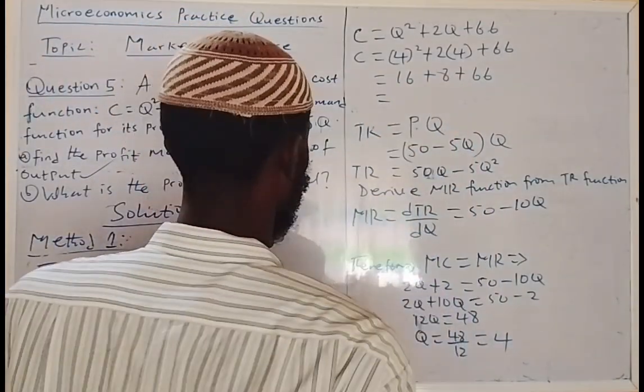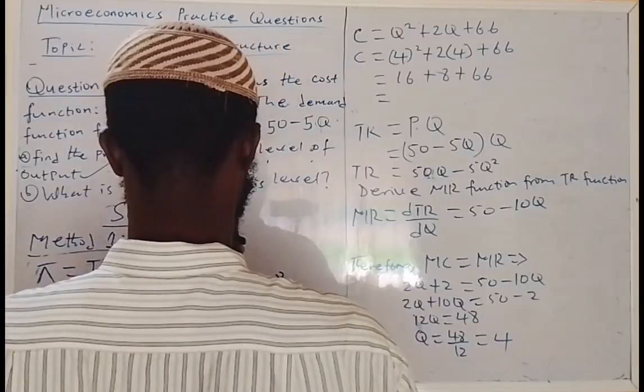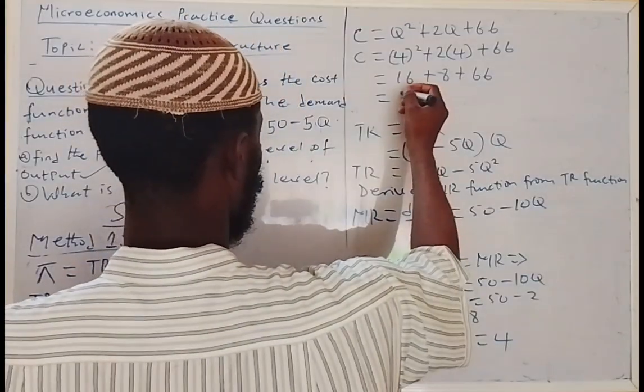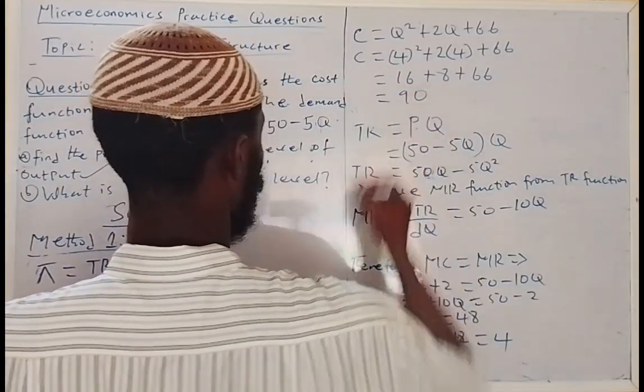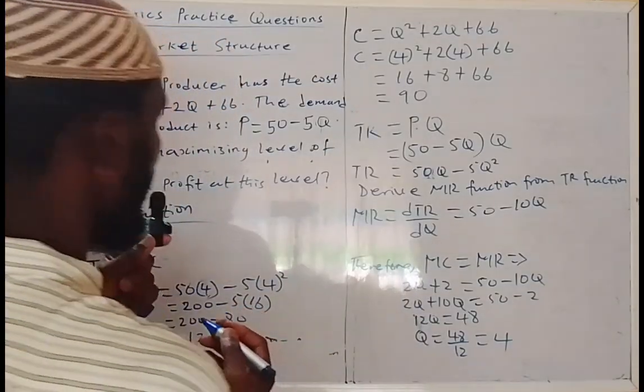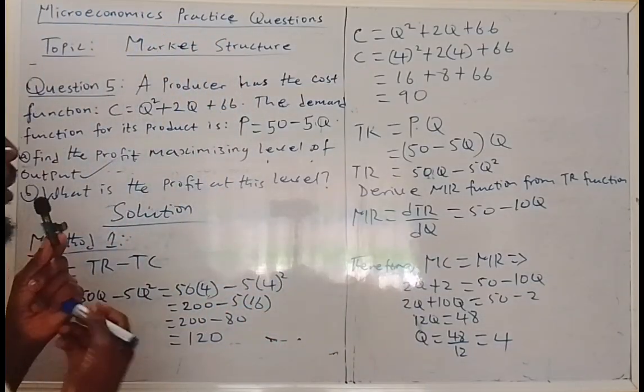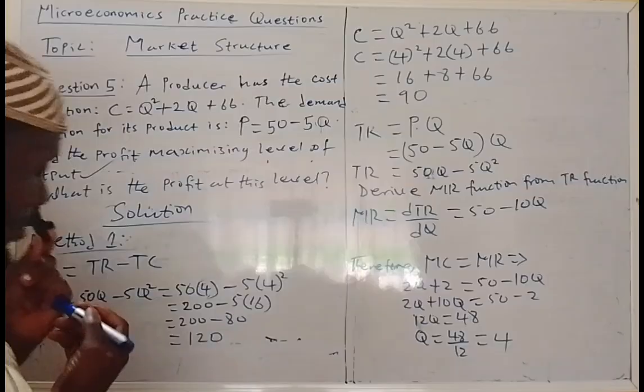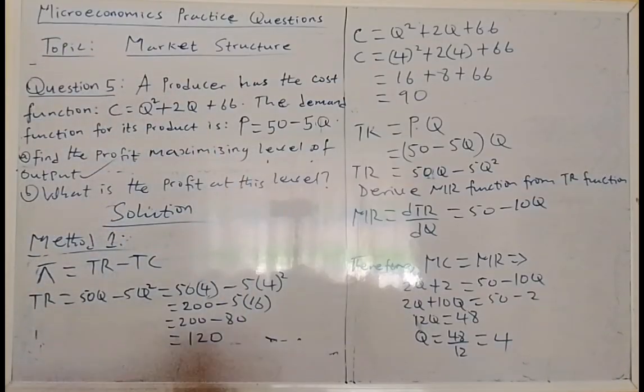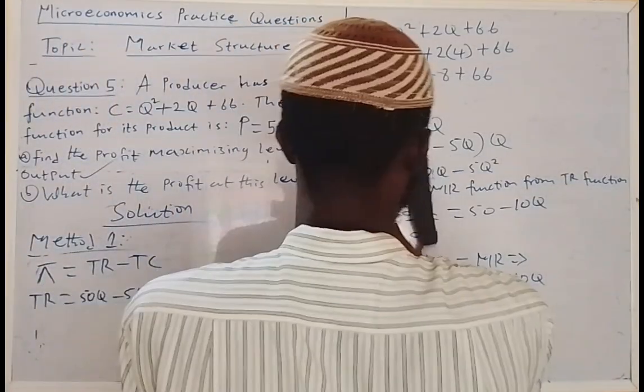Then 24 plus 66 is 90. Okay? Now the total cost is 90.